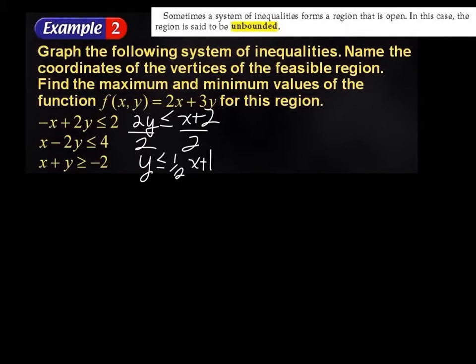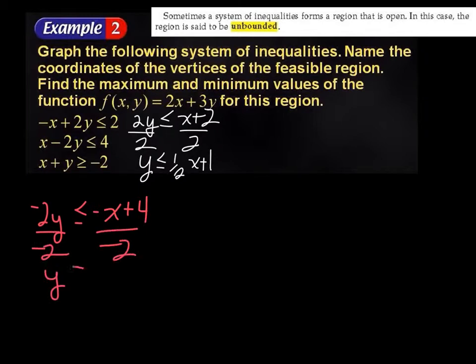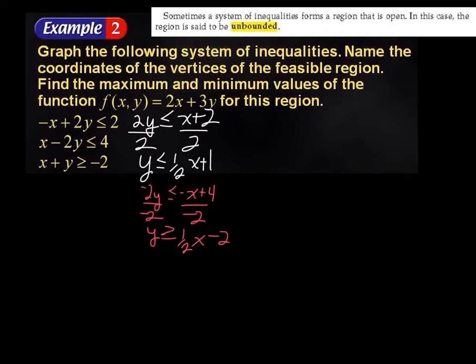The second equation, subtract x from both sides, and I have -2y is less than or equal to -x + 4. Divide by -2, and y is greater than or equal to, we divided by a negative, so we need to reverse our inequality, 1/2 x - 2. And the third equation, they saved the best for last. All we have to do is subtract x from both sides, and we're ready to graph.